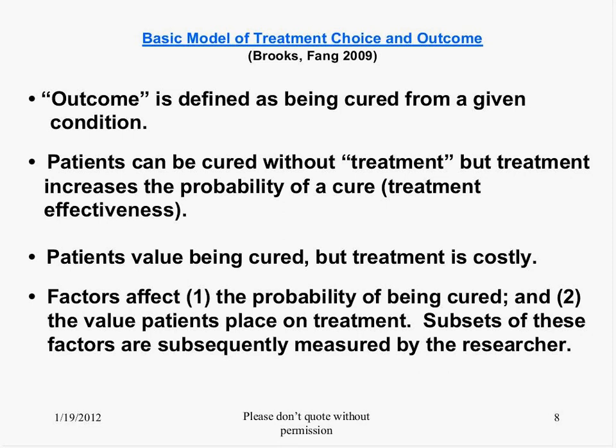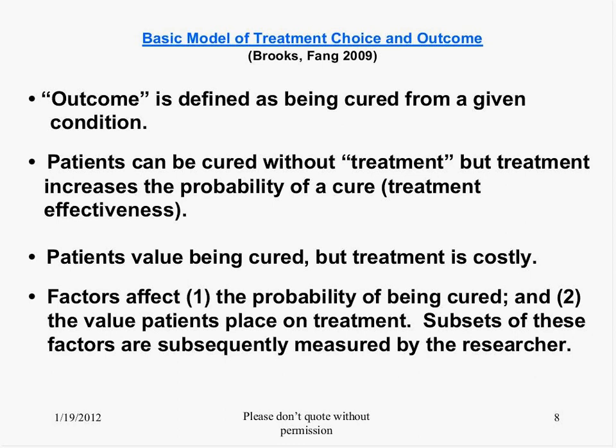In this model, outcome is defined as someone being cured from a given condition in the simulation approach. Patients can be cured without treatment, but treatment increases the probability of a cure, so treatments are effective. Patients value being cured, but in these models, treatment is also costly. Factors affect the probability of being cured, and they also affect the value patients place on treatment.